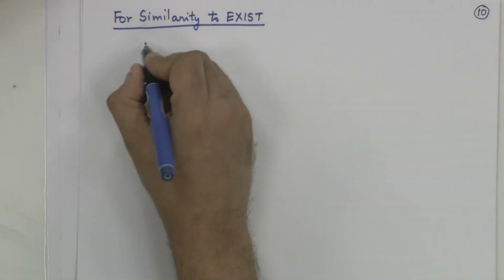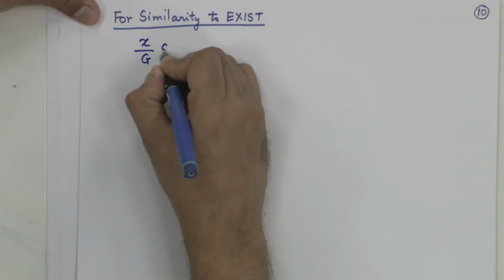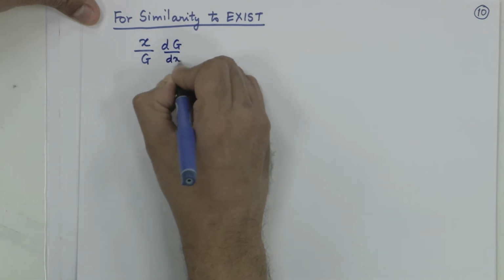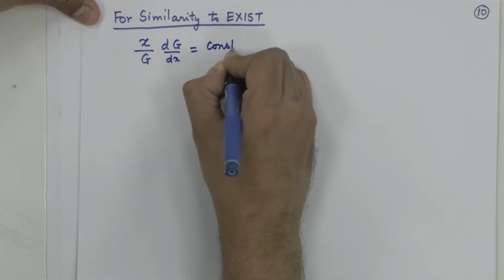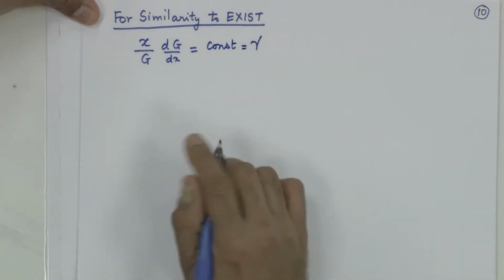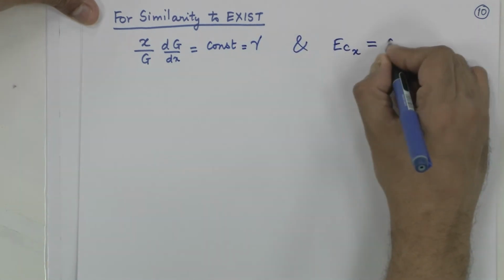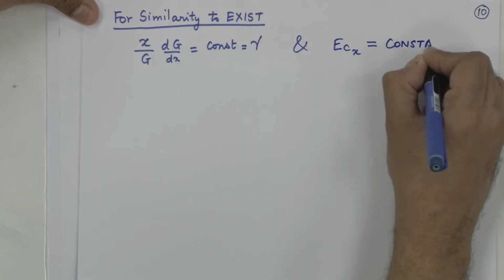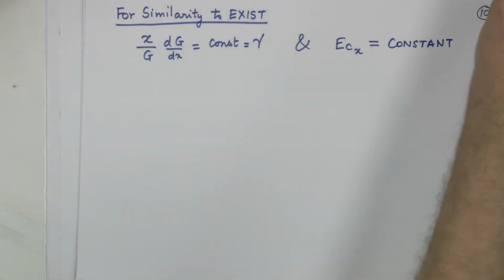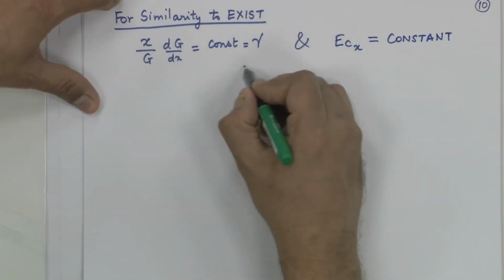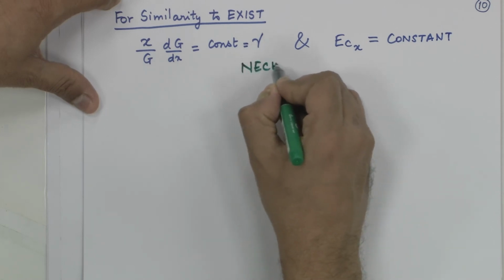So we should have x by g dg by dx equal to a constant, let us call this gamma, and the local Eckert number should also be another constant. These two conditions are necessary conditions.